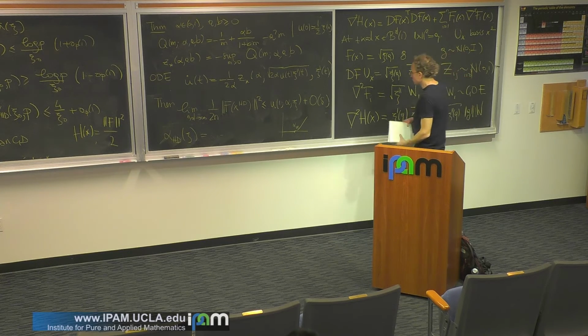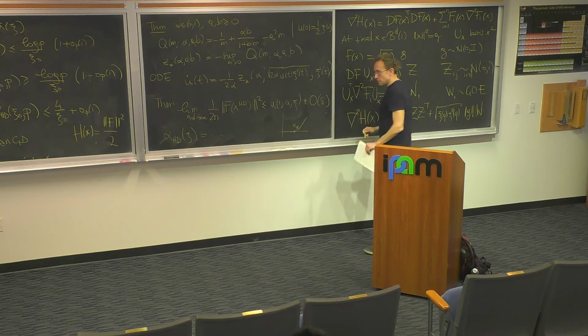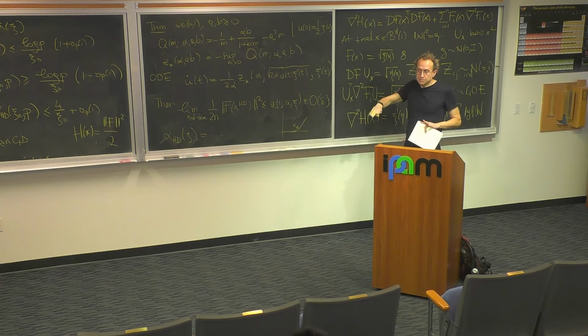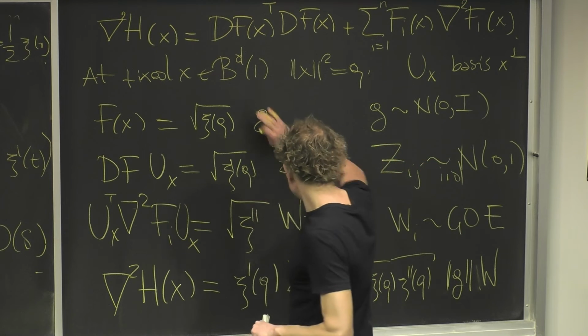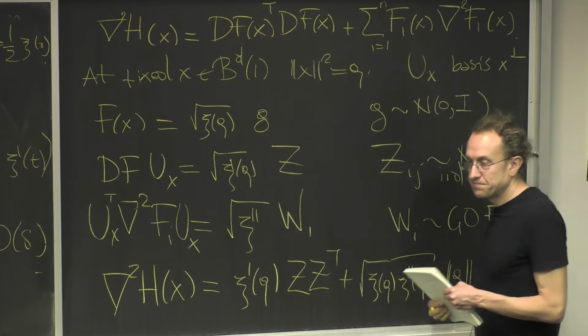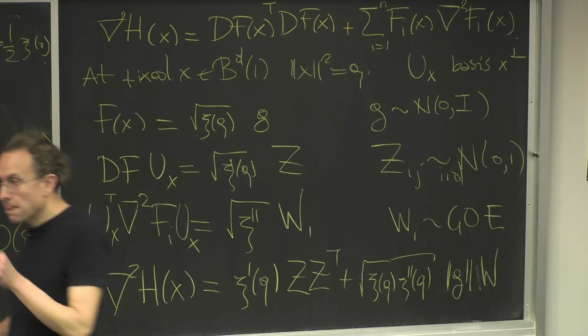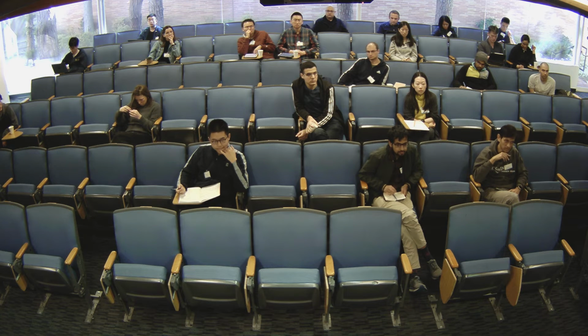If you restrict, I should have written here UX transpose UX, if you restrict to the tangent space, these three things are all independent. So conditioning on this means simply fixing these two. So this will follow from Gaussian. It's just simple calculus. You compute the covariance of these objects, and they happen to be independent.